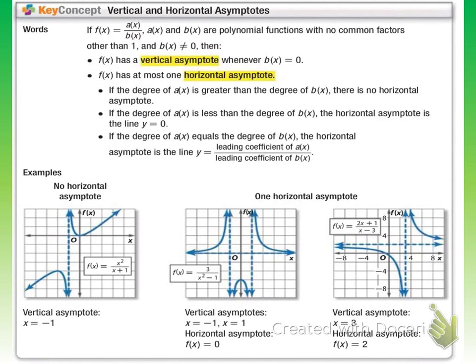You can't cancel anything out between them, and your denominator is not 0. That's what all that says. Everybody good? Then you have basically, it looks like 5 bullets, but essentially you only have 3. Then f of x has a vertical asymptote wherever b of x equals 0, just like last time. Your vertical asymptotes happen where your denominator equals 0.